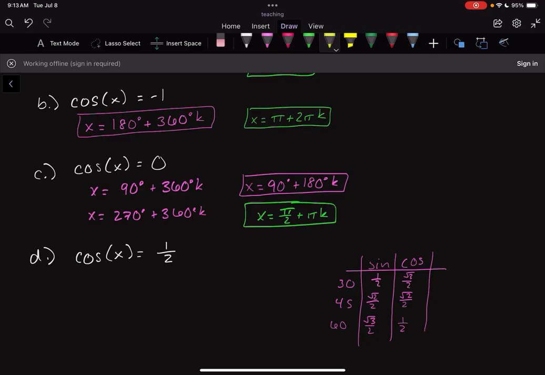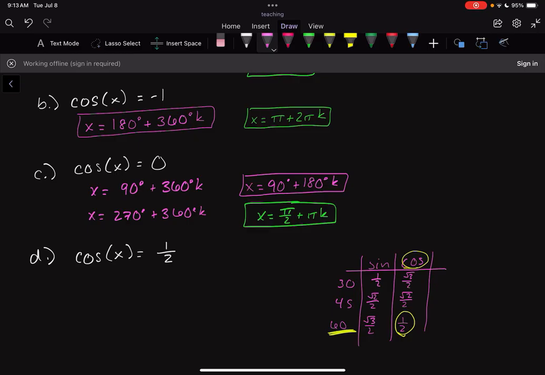So remember, we're looking for the angle right now. If I look at my table, cosine is equal to 1/2 at 60 degrees. So I know that one of my answers for this is going to be 60 degrees.